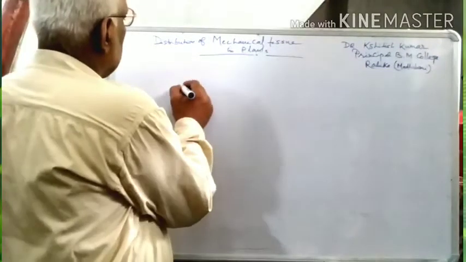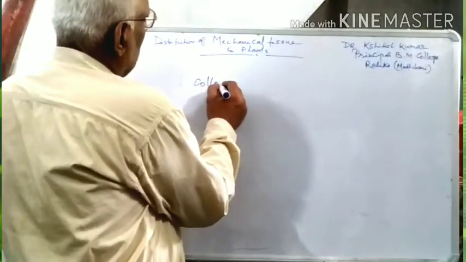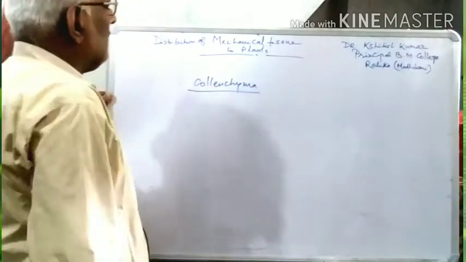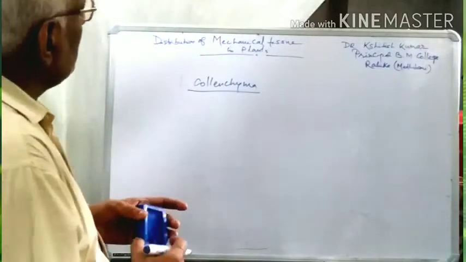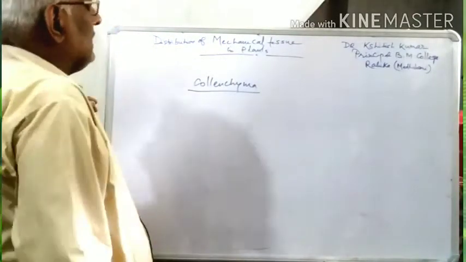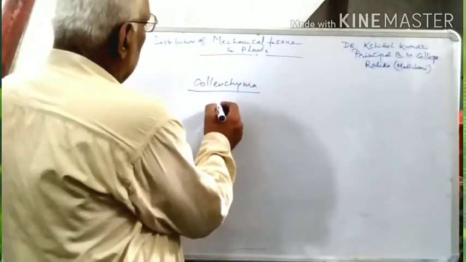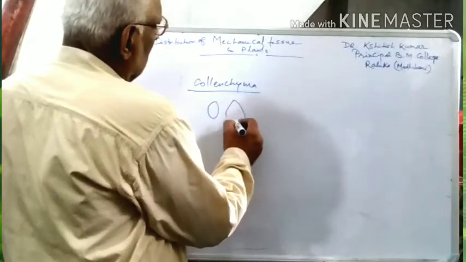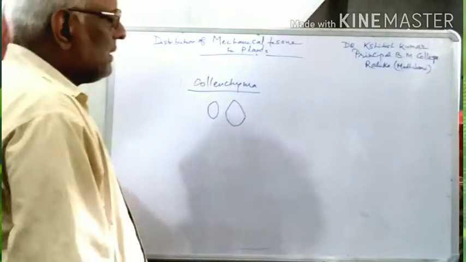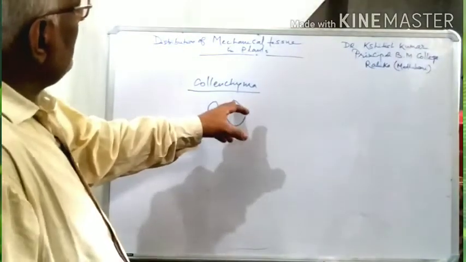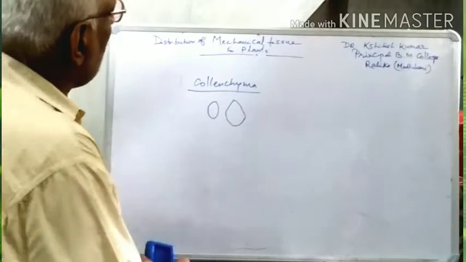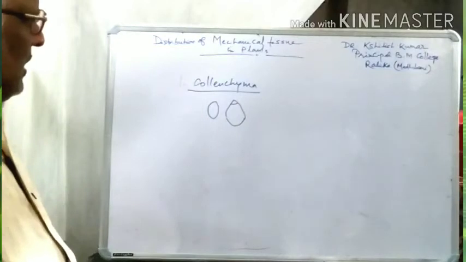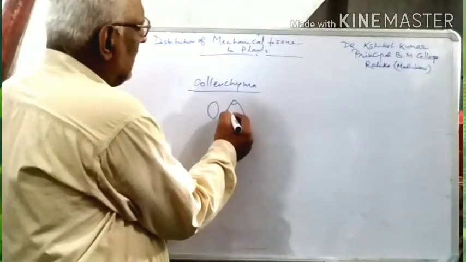The first is the collenchymatous tissue, in which the cells are either oval or with tapering ends, and there is the deposition of pectin or cellulose at the corner. So this type of cells are found here at the corner, at the angles.